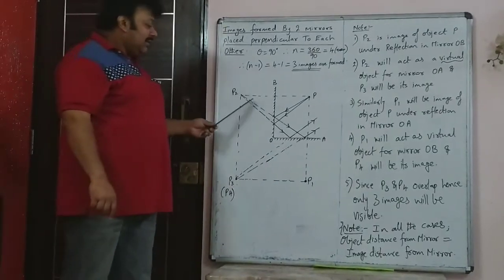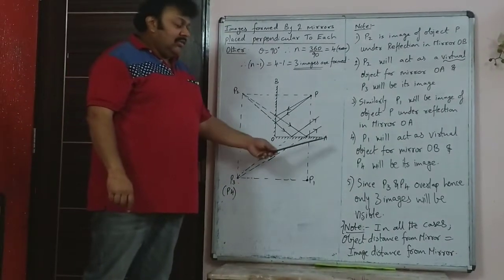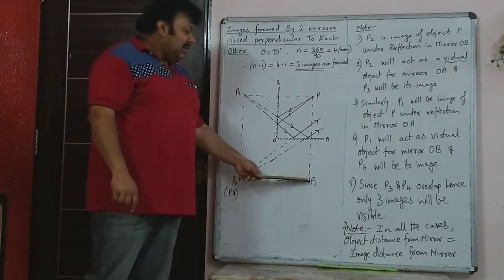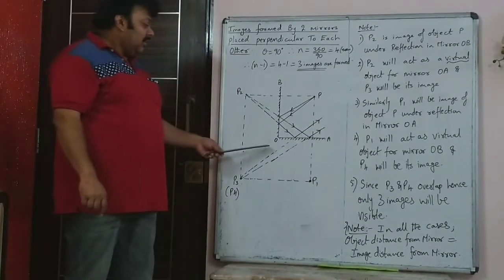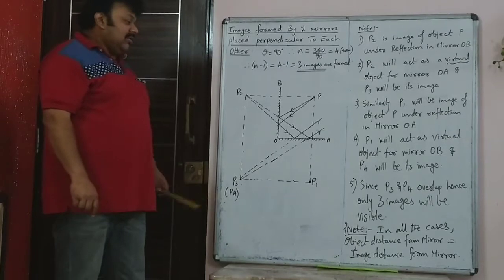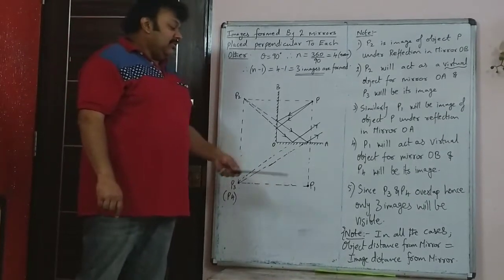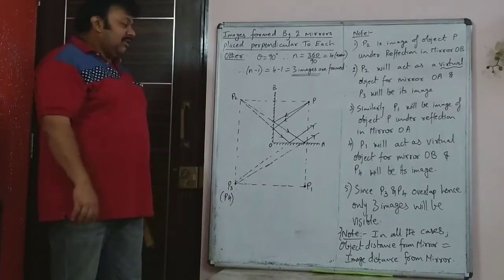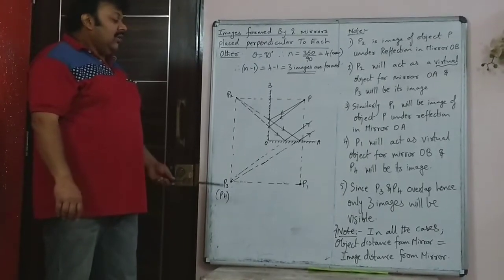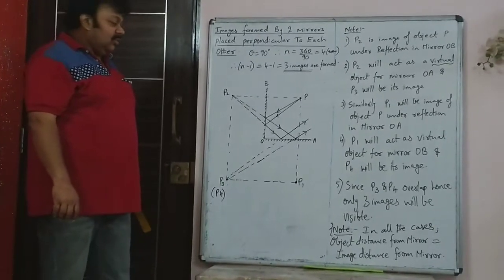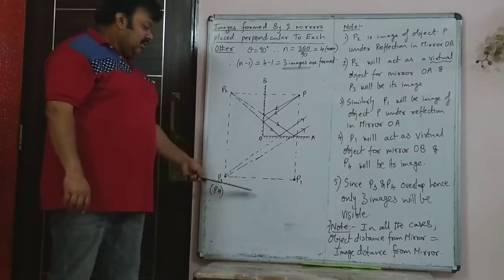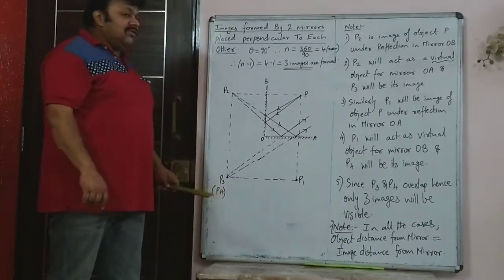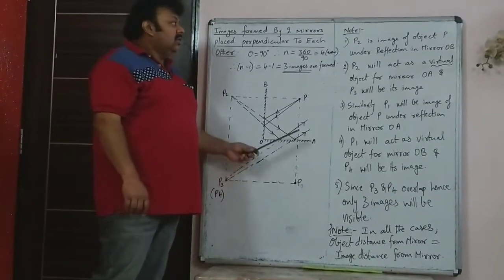Just like P2 acted as a virtual object for the mirror OA, P1 will act as a virtual object for the mirror OB and P4 will be its image. Since P3 and P4 overlap, they are at the same place, only 3 images will be visible. And in all cases, the object distance and image distance will remain the same.